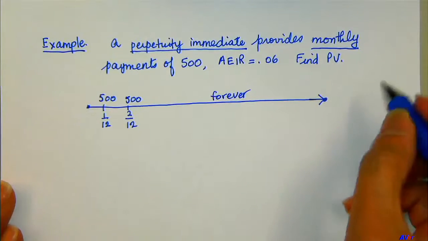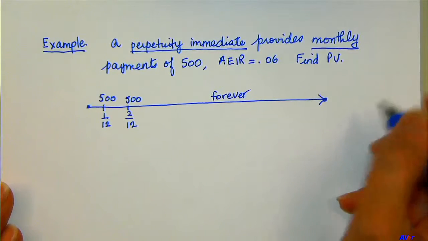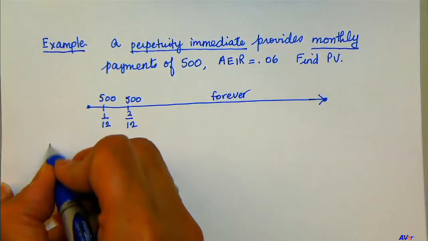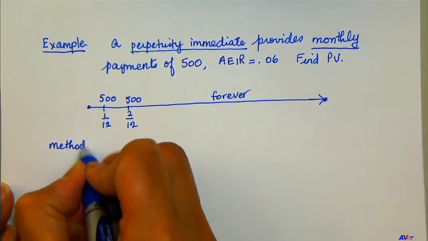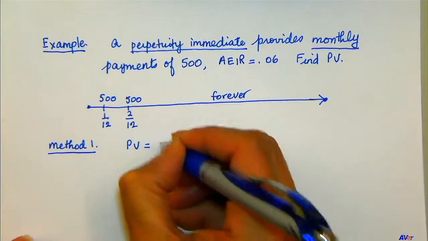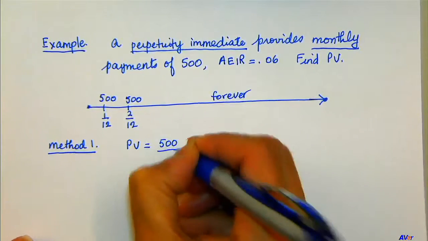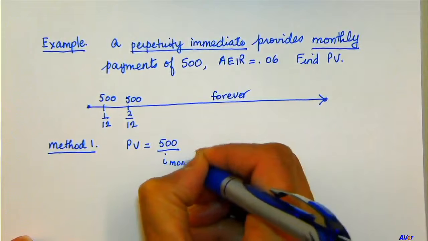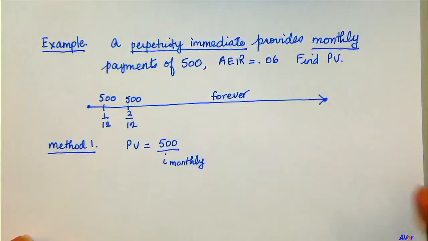Okay, so my old method that I keep getting tempted to revert to, method 1, would give me present value equals 500 over i monthly, and I would be done. Right?